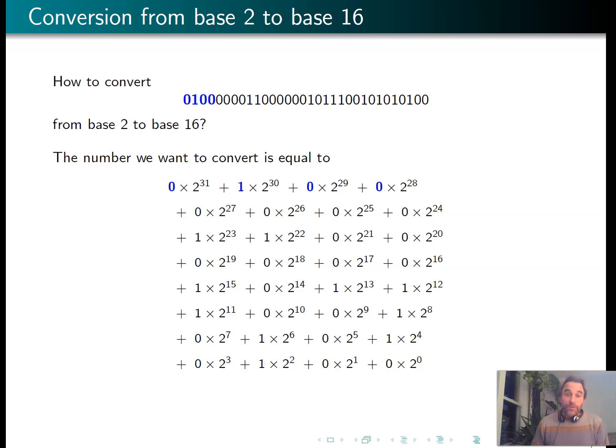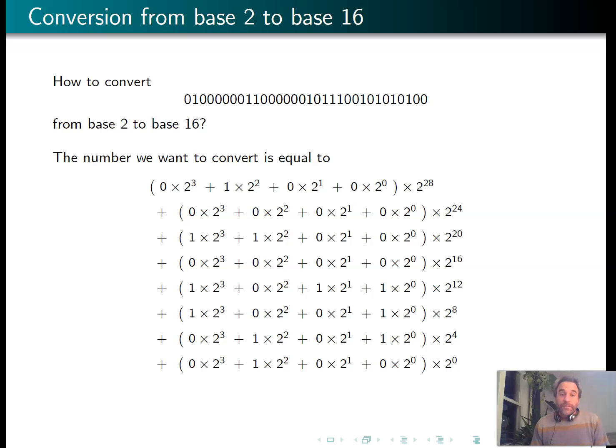The first four characters multiply 2 to the power 31, 30, 29, 28. The second four characters, 2 to the power 27, 26, 25, 24. The following four characters, 2 to the power 23, 22, 21, 20, and so on.